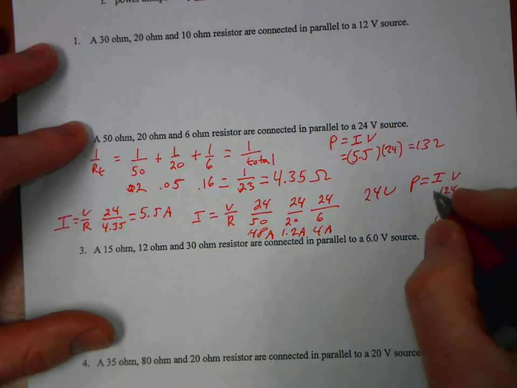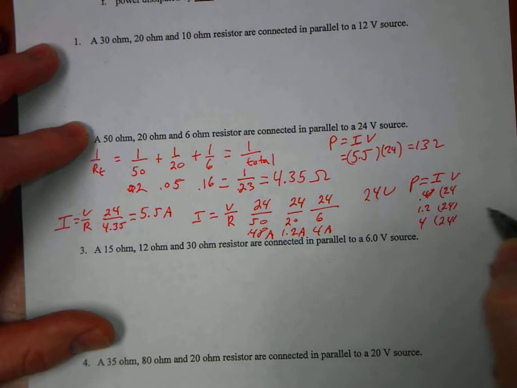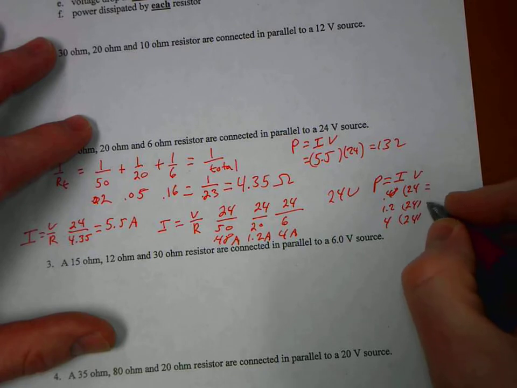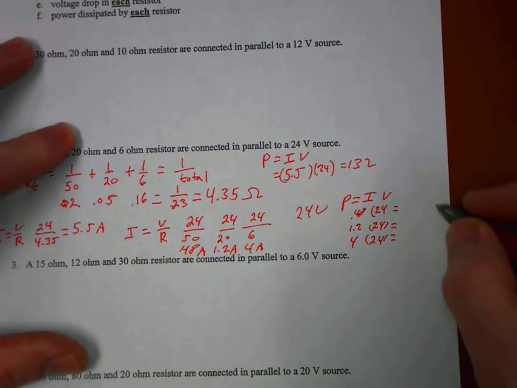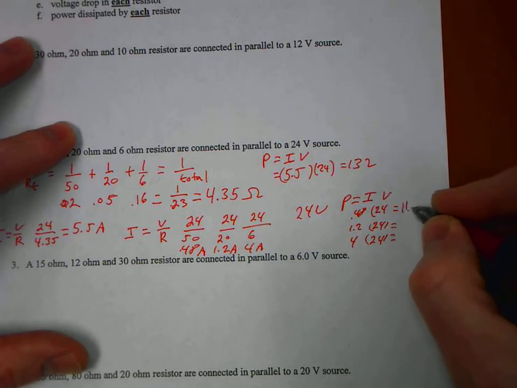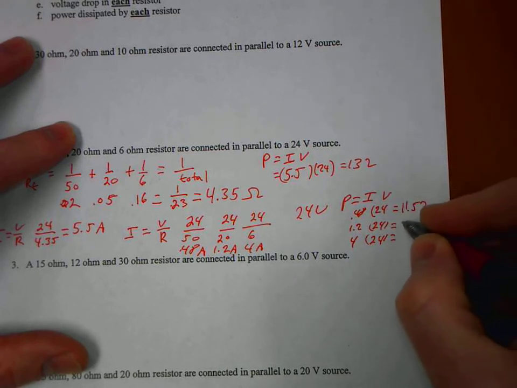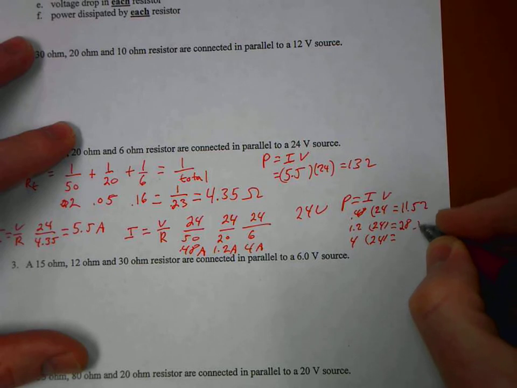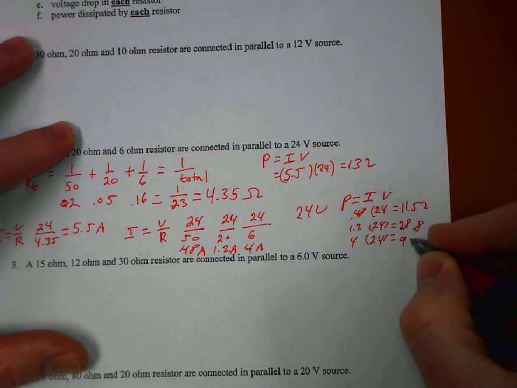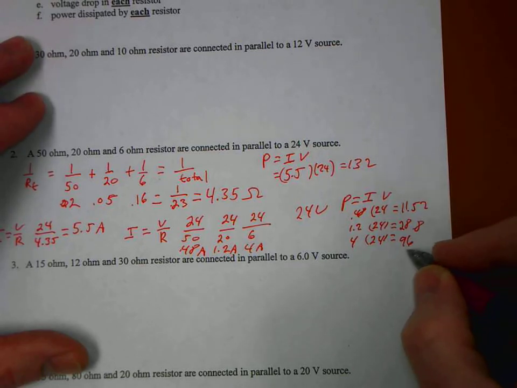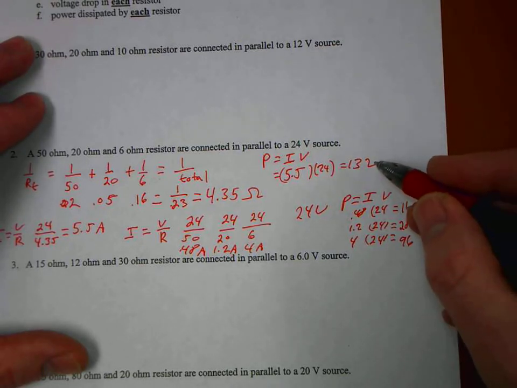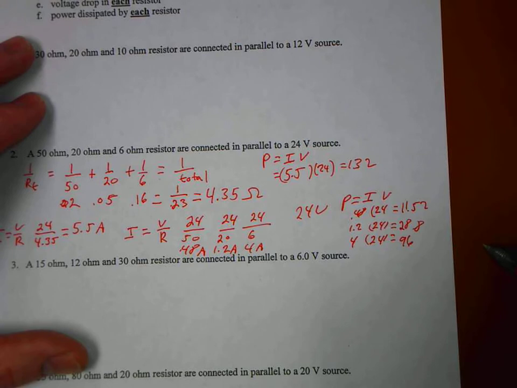We calculated our currents right here, 0.48, 1.2, and 4. Multiply these together. You're going to get 11.52, 28.8, and 96. And the power of each individual resistor will add up to be pretty close to the power of the circuit.